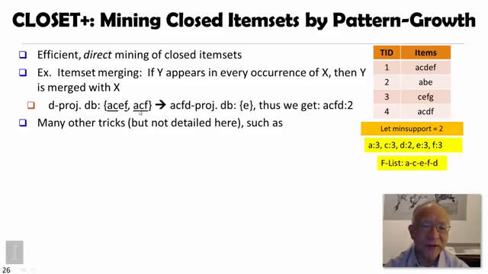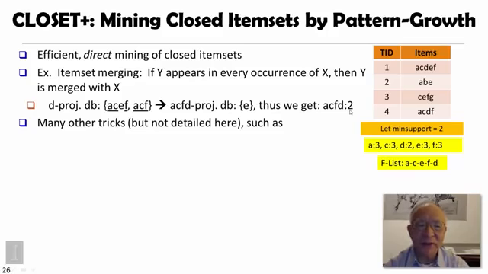But the interesting thing is ACF happens in every transaction projected in this database. ACF has the same support as D. In that case, we can grab ACF out from the ACFD projected database, which contains only one item E. It is not frequent. Therefore, we will be able to get ACFD with support 2.